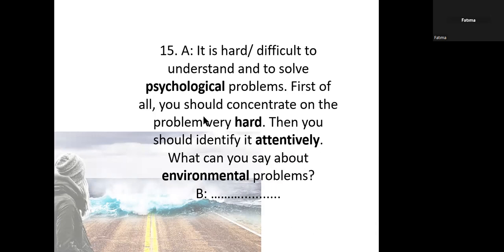First of all, you should concentrate on the problem very hard. Adverb here, okay? Irregular. Then you should identify it attentively and you should set up an implementation plan and apply that plan, implement the steps of that plan to solve environmental problems.